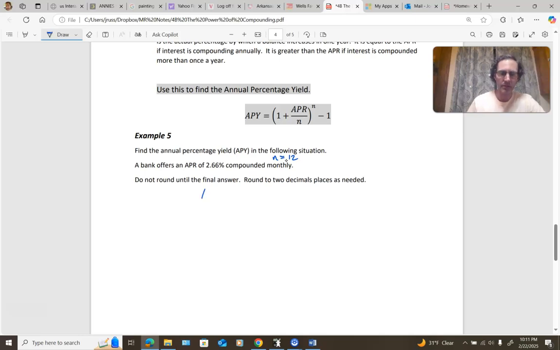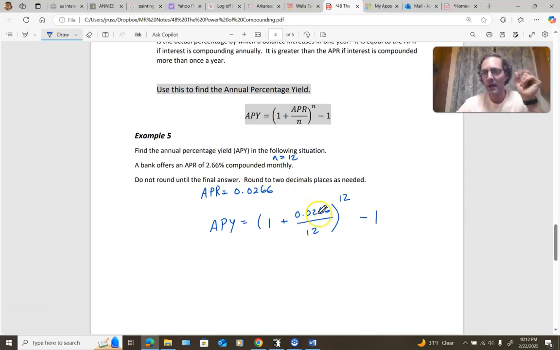And of course, the APR, if we convert it to a decimal, will be 0.0266. I'm going to plug it into my formula. The annual percentage yield will be equal to 1 plus the annual percentage rate divided by 12, raised to the 12th power, and then I'm going to subtract 1.